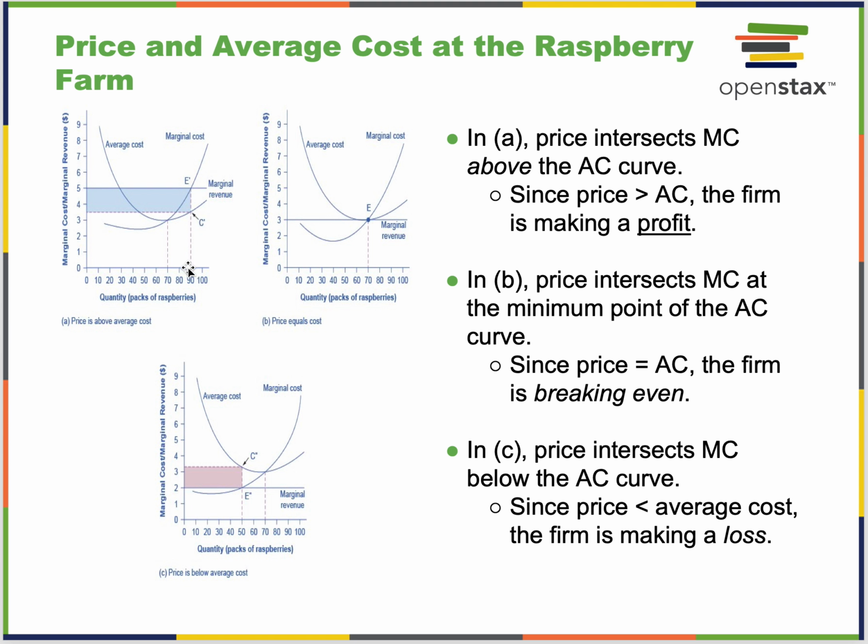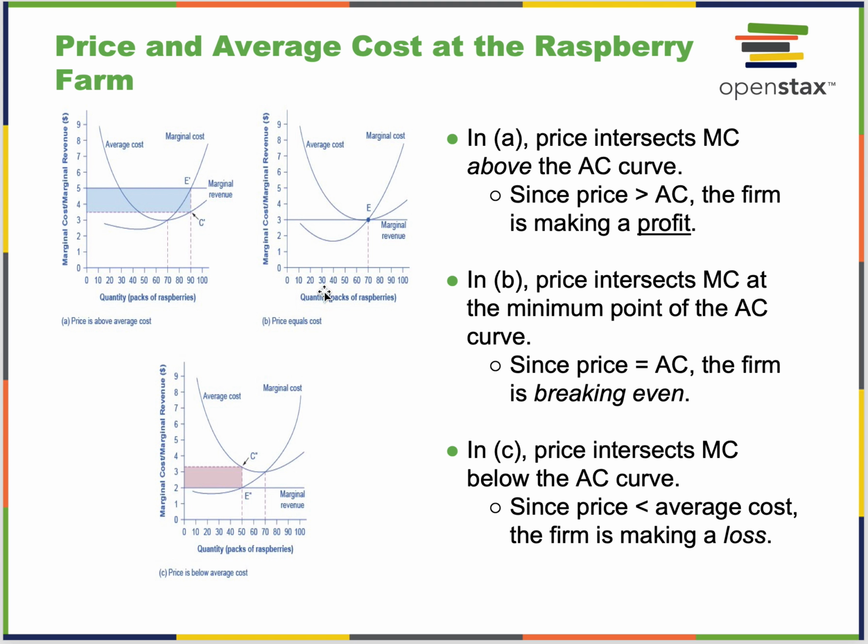So quantity, which is along the x-axis, times this marginal profit, which is price minus average cost at that production level, gives me this rectangle. Quantity times margin equals profit. It's blue here, which means it's going to be profitable. The price is above the average cost.